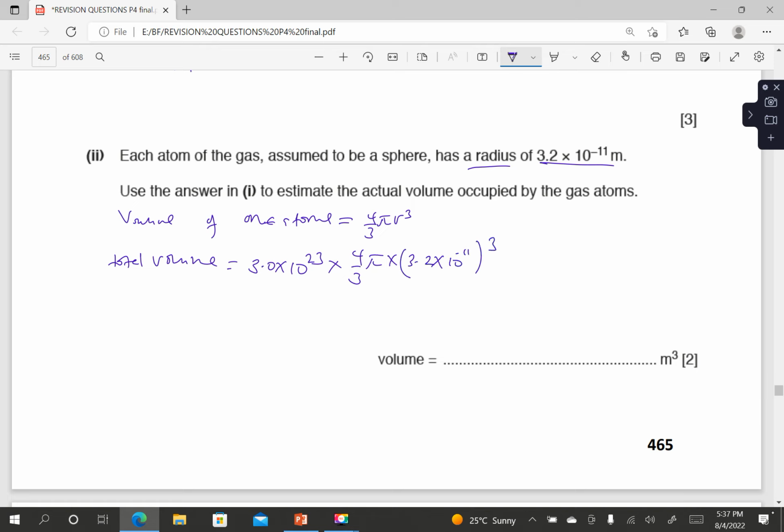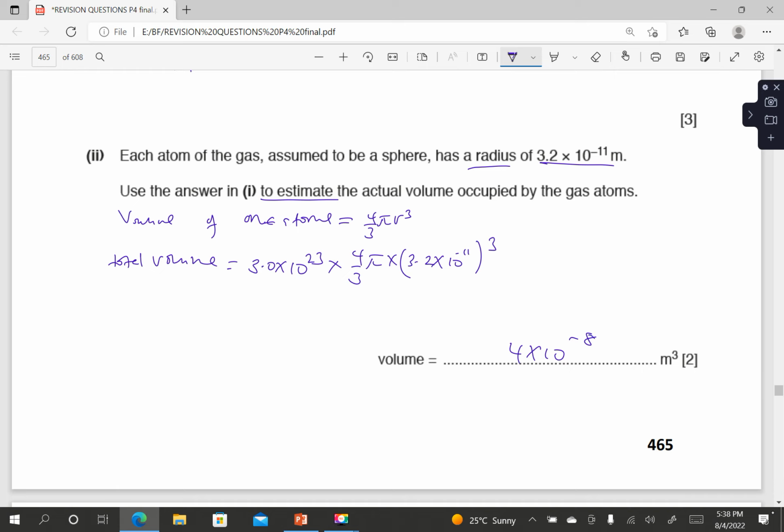This is raised to power 3. Remember, they say the estimate. So I'll write this to one significant figure. So I'm getting 4 times 10 power negative 8.